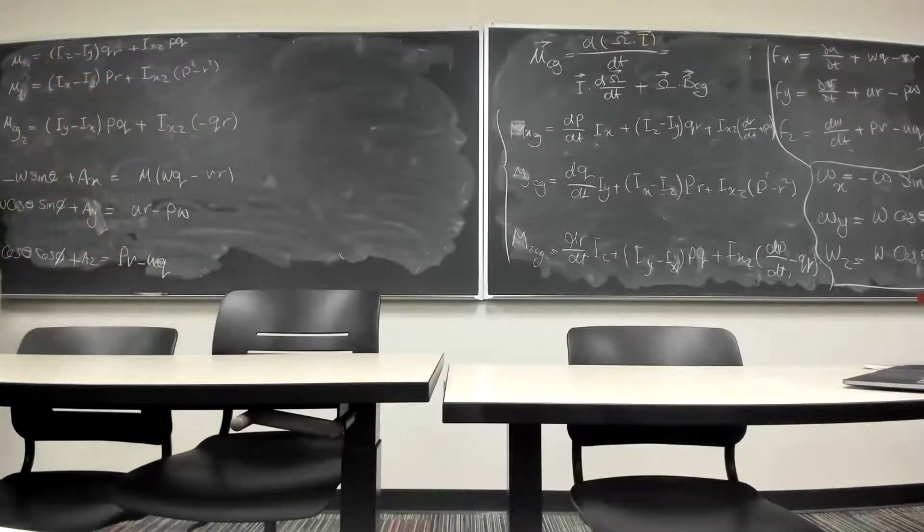So these are the 6 main equations of motion for a steady flight, for a steady motion. Okay.